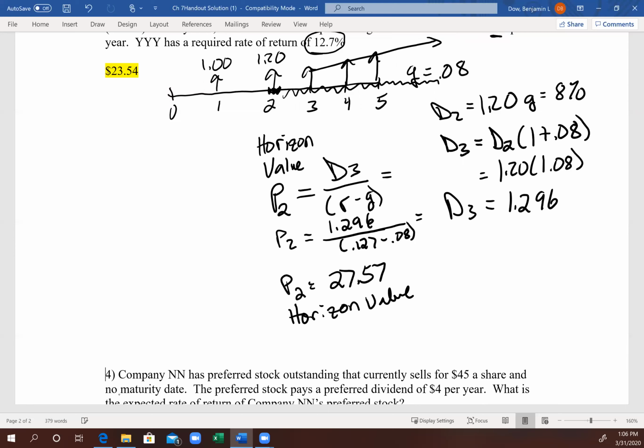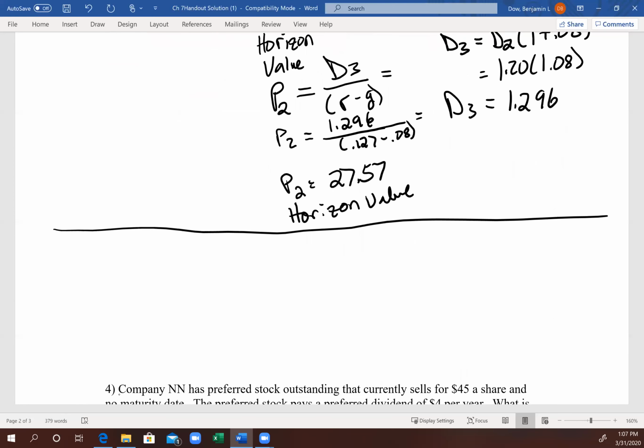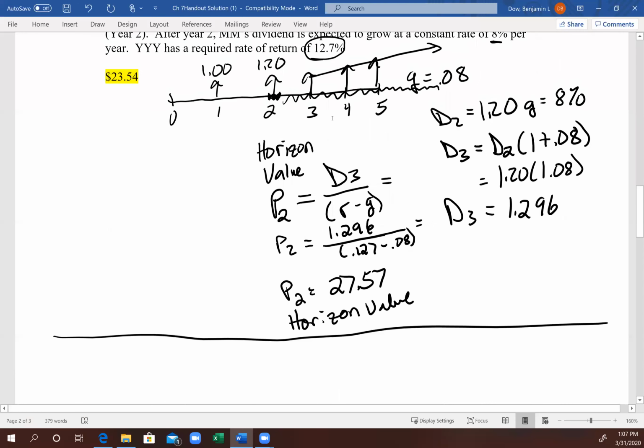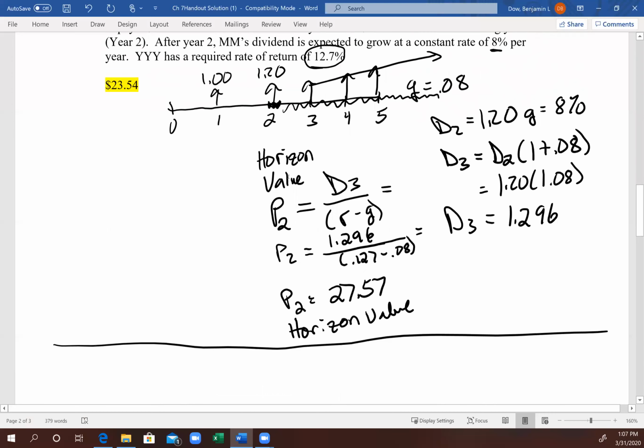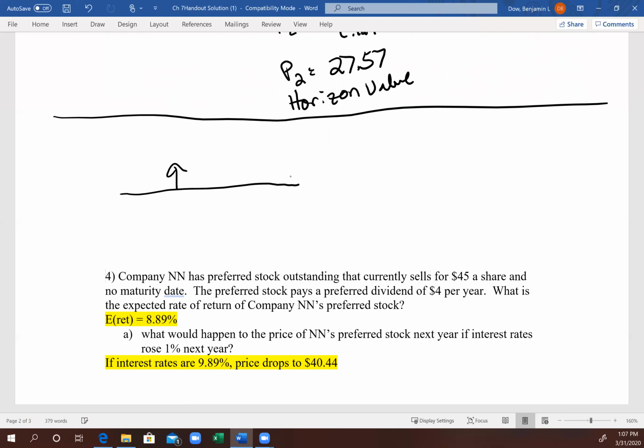Now we've got to go back and do what? Now we've got to go back and figure out what's the intrinsic value. All we've done is solve for the horizon value. So now we go back and we say, I'm going to get $1 in year 1 as a dividend. I'm going to get $1.20 in year 2 as a dividend.